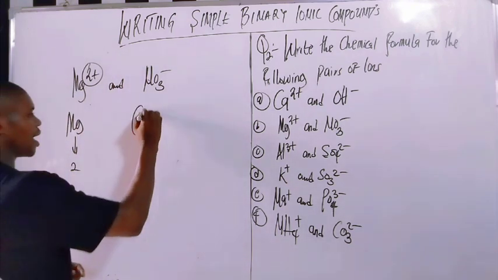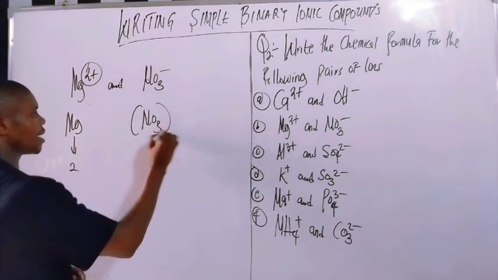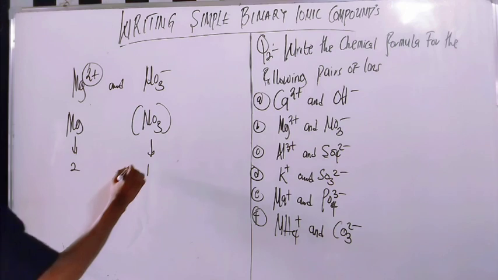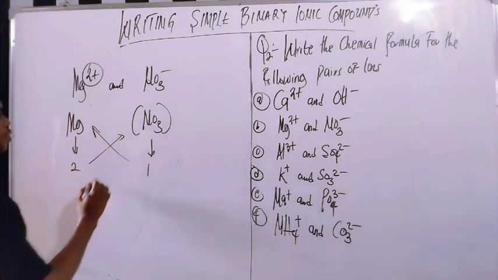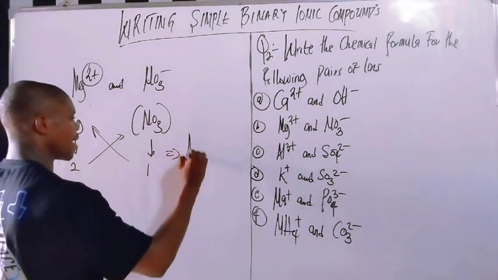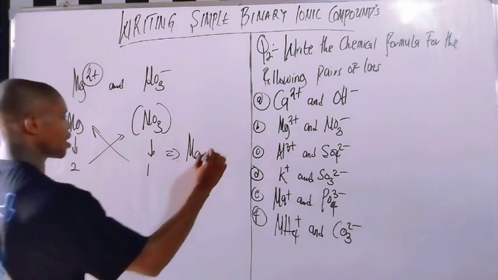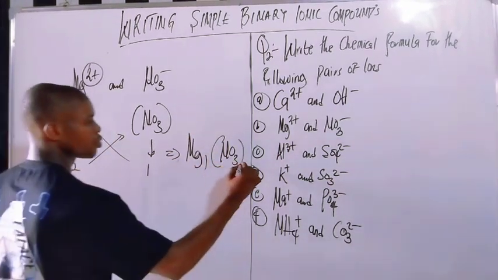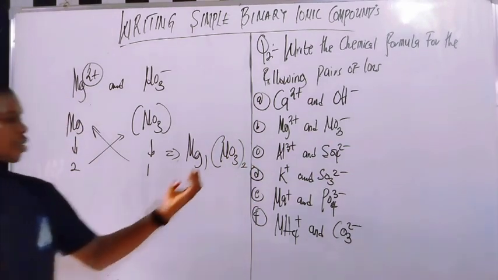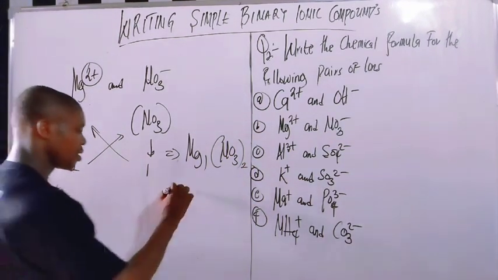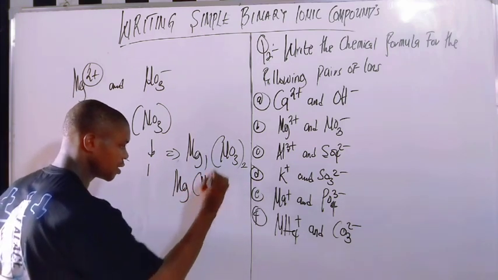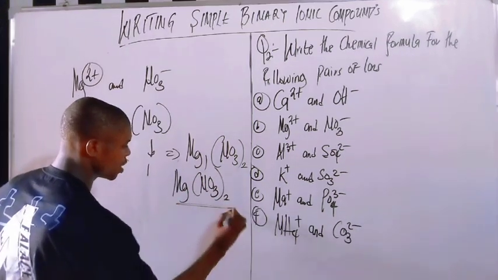Then NO3, this one is minus 1, so it's going to be 1. So this guy will move here, and this guy will move here. What are you going to get? You're going to get Mg1, then NO3 2. But they don't put the 1 here. So it's going to be Mg(NO3)2. That is it.